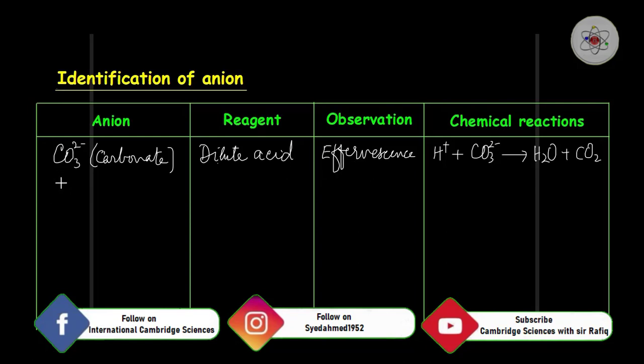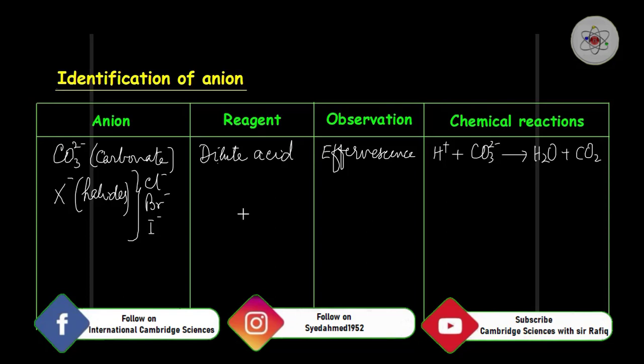So next, halides. Halides may be chloride, bromide, or iodide, right? Using halides, what kind of product can we make which is observed easily? You know that gases, insoluble salts and color changes are observed easily during a chemical reaction.